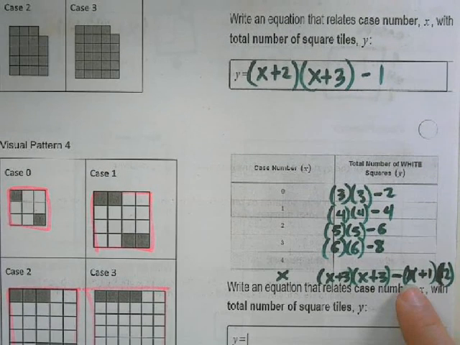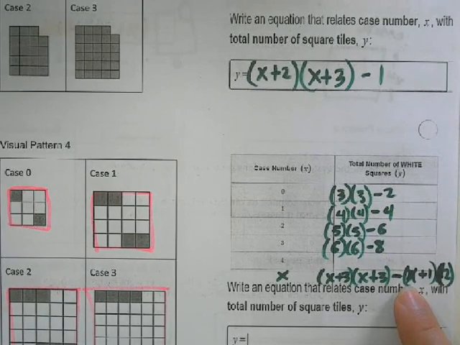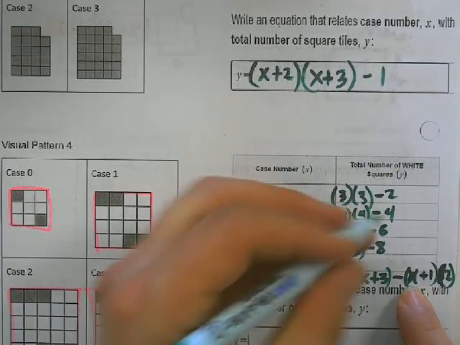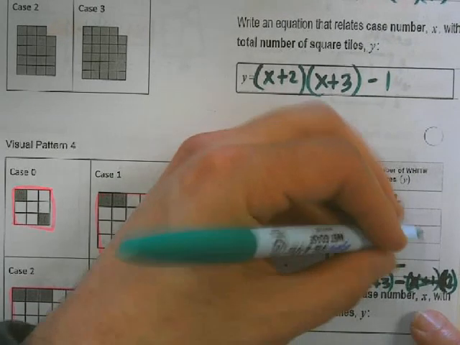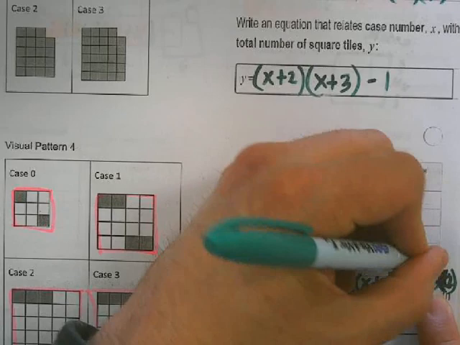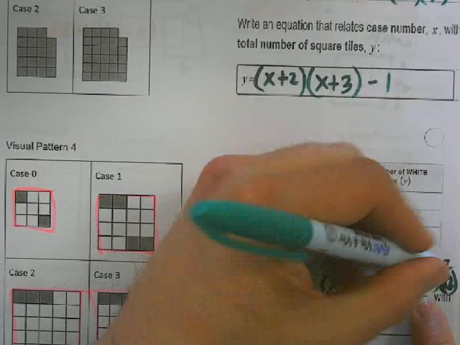So if I have x plus 1 times 2, let's just rewrite this as minus 2x and minus 2.